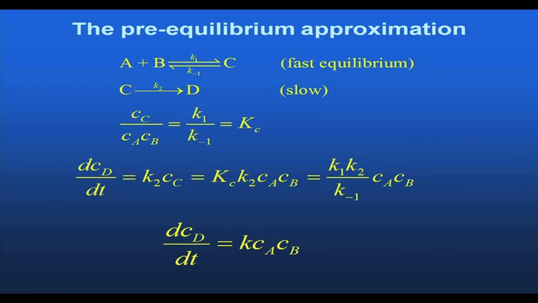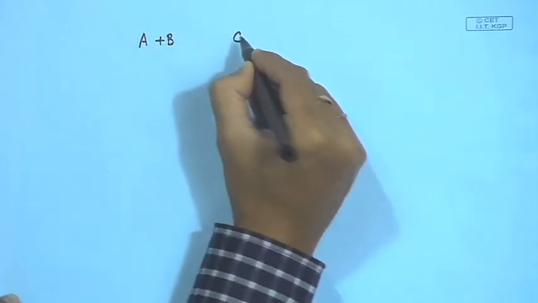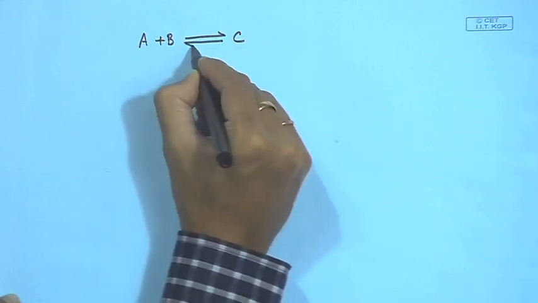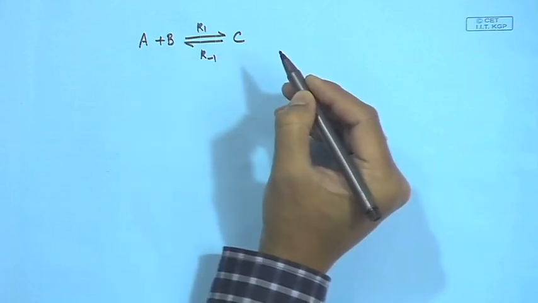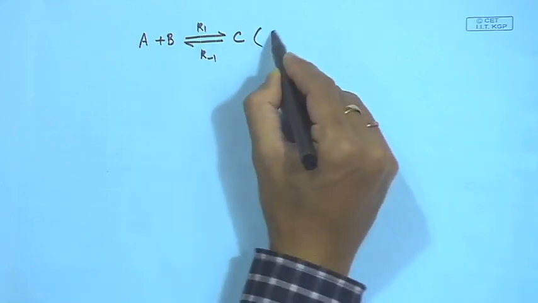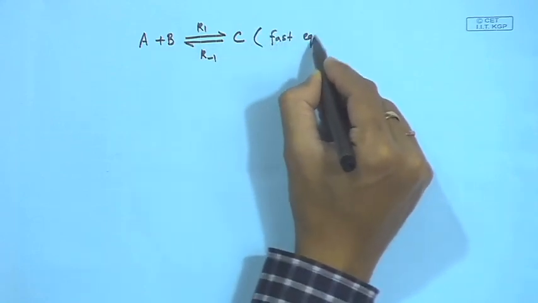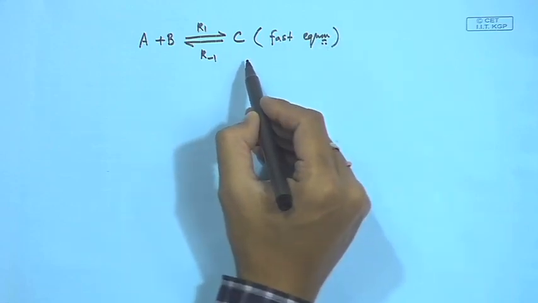Now, what is the pre-equilibrium concept? Let us take an example: A plus B giving rise to C, but this is an equilibrium process, where K1 is the forward rate constant and K minus 1 is the reverse rate constant. This is the fast equilibrium, so this equilibrium is established very fast.